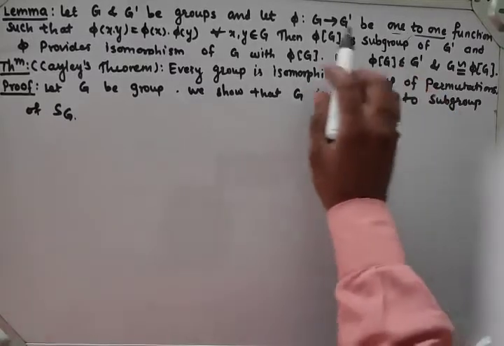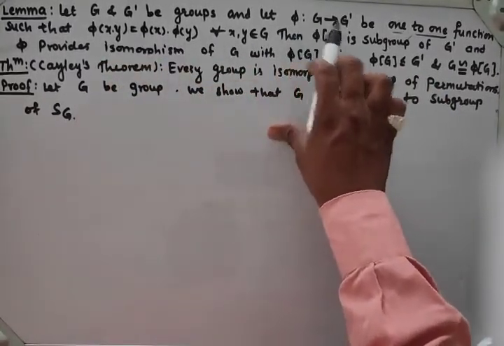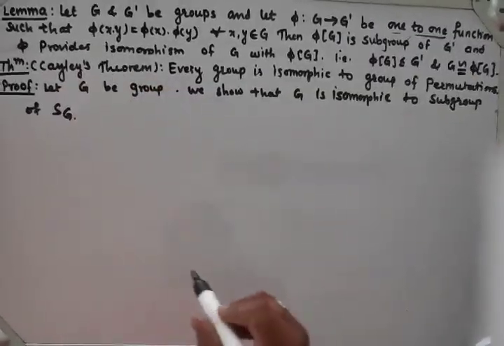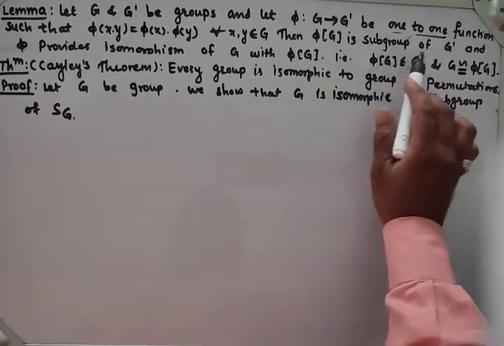We have shown here, if G and G dash are two groups, and phi from G to G dash is a one-to-one function, such that phi of x into y is equal to phi of x into phi of y for all x, y belongs to G, then phi of G is a subgroup of G dash.